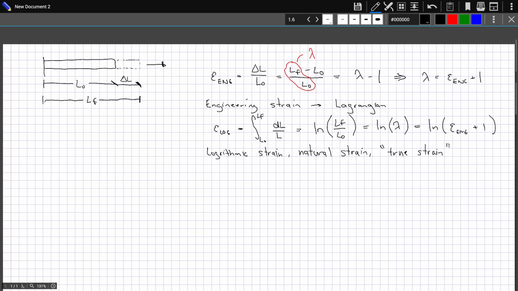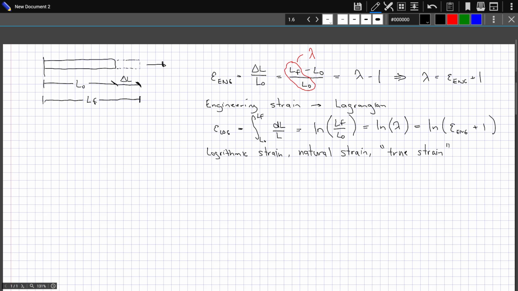And in fact, if you do see the logarithmic strain in a paper from an experiment, it's unlikely that they actually measured the instantaneous length throughout the experiment. You can do it, it's just hard. Nowadays it's less hard because you have optical measurements that are pretty accurate. But even before ubiquitous high resolution cameras and digital image correlation, there's always been ways to do it, but it's just difficult.